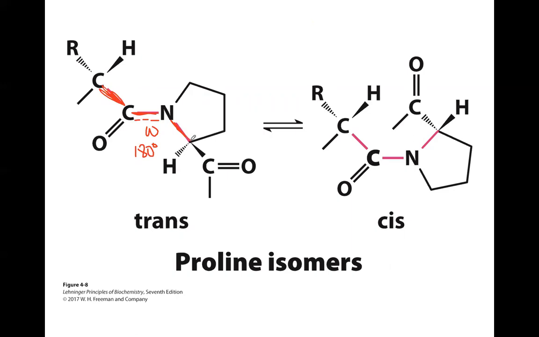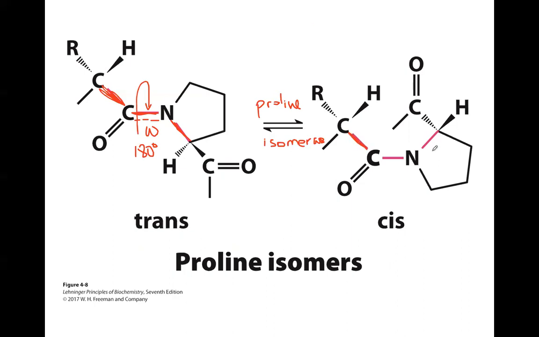Now then the enzyme comes in, proline isomerase, which will make this rotate about this partial double bond, which has partial double bond character. And here now we have a cis configuration.